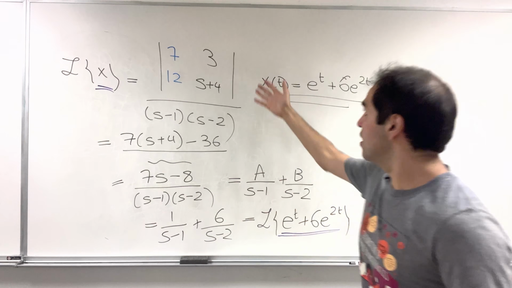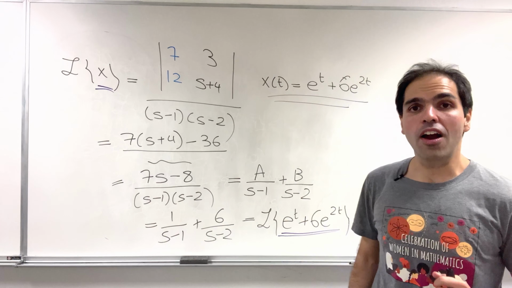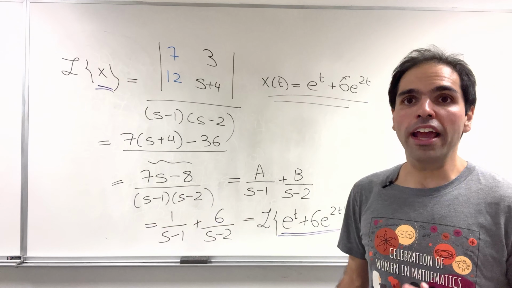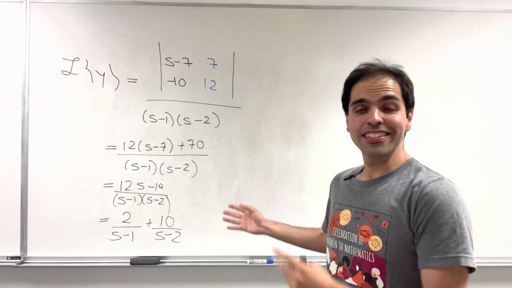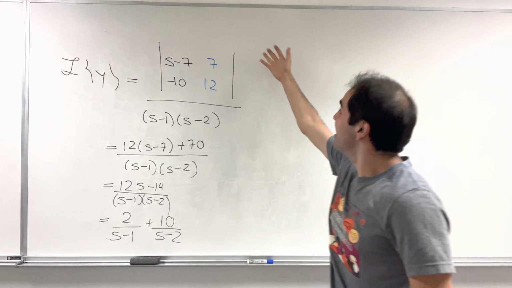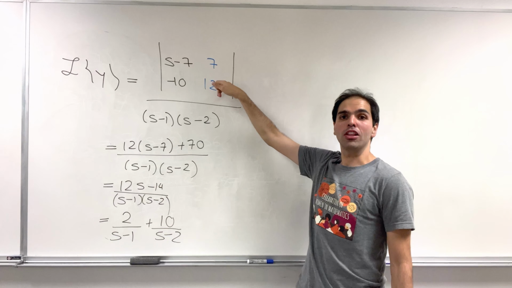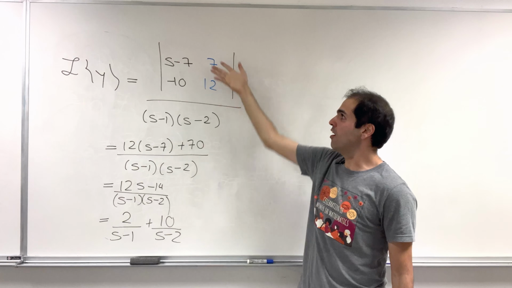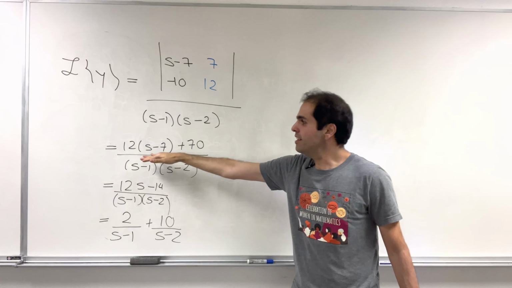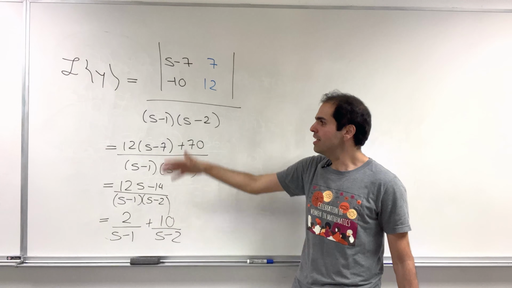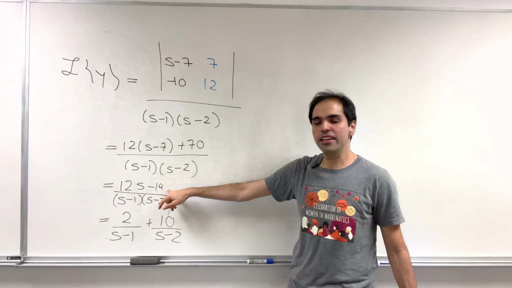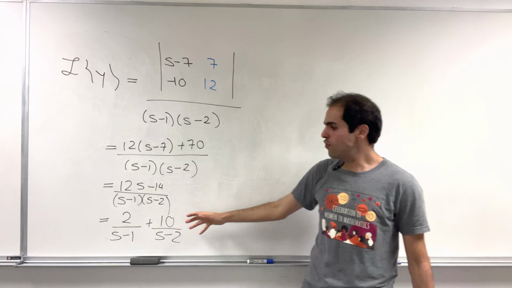And similarly, if you replace the second column, you can get y of t. Here's the work in case you're interested. In this case, we replace the second column by 7, 12. You do the determinant, you get 12 times s minus 7 plus 70, and you simplify this to 12s minus 14.